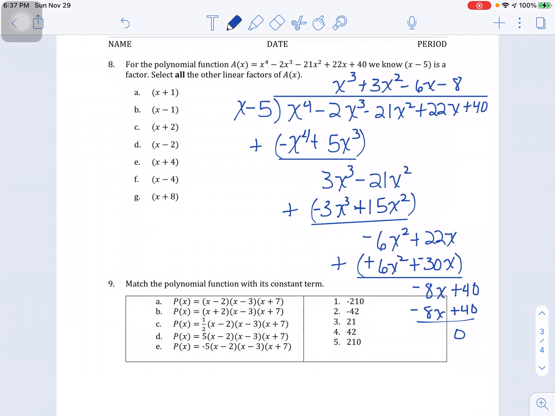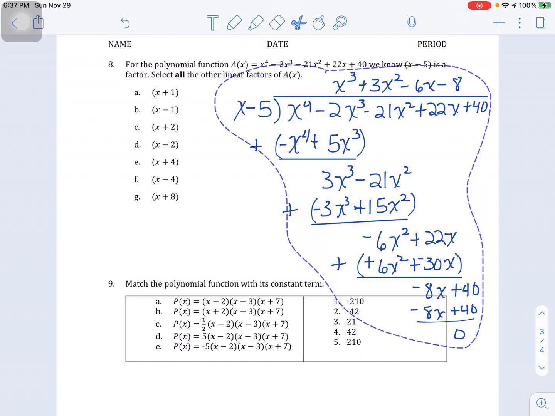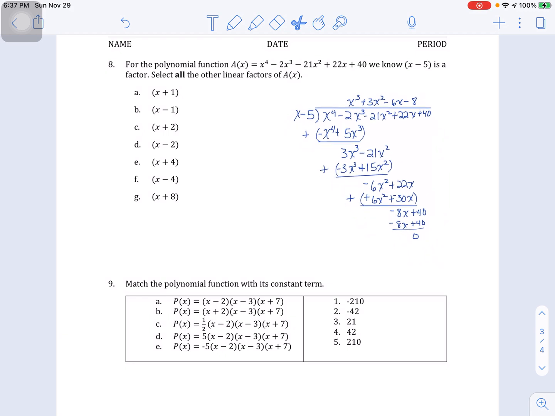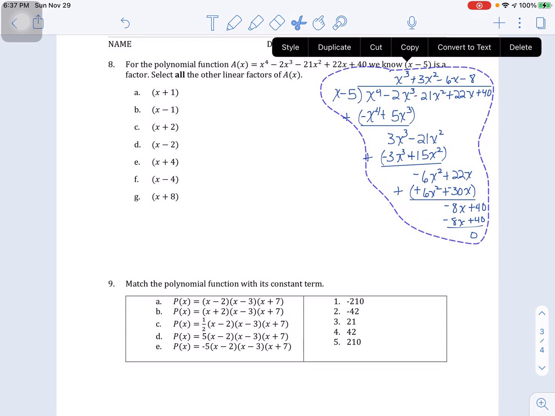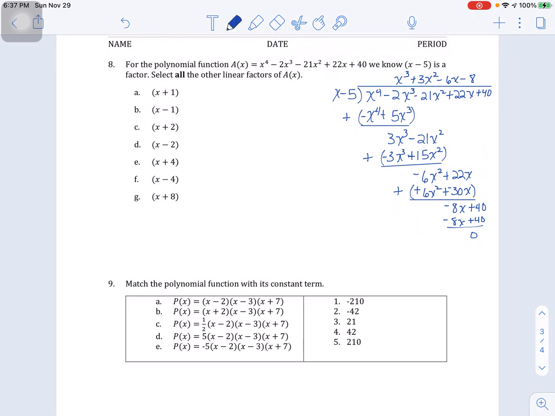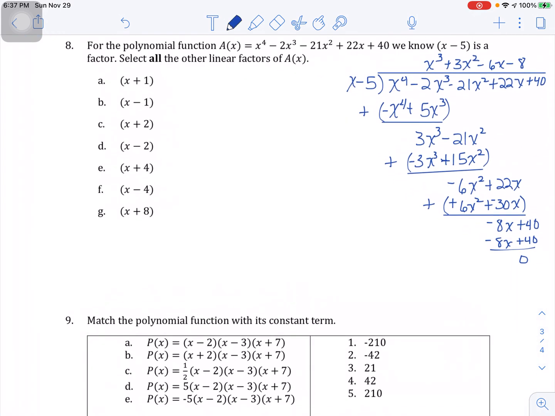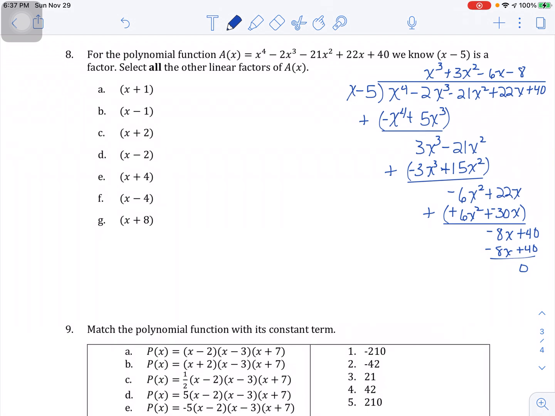So now we're down to the linear x minus 5 and the third degree polynomial x cubed plus 3x squared minus 6x minus 8. And so we want to select all the other linear functions.